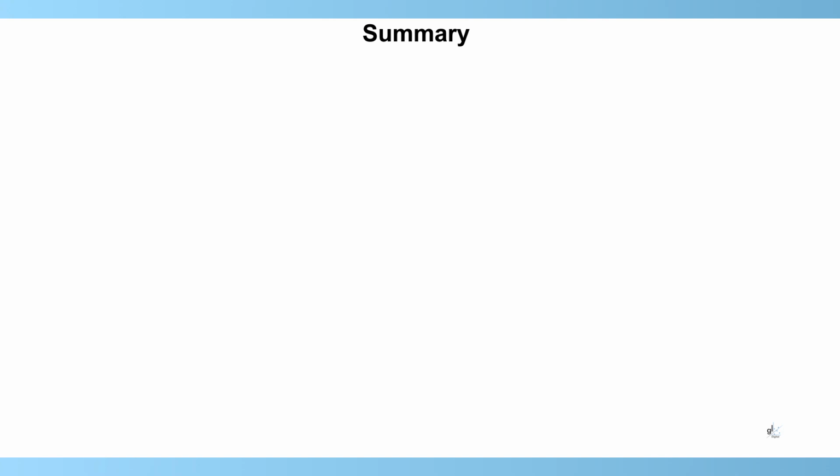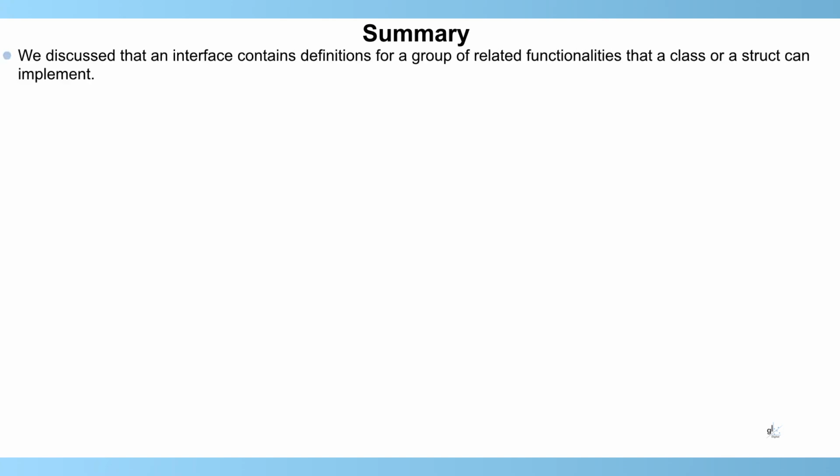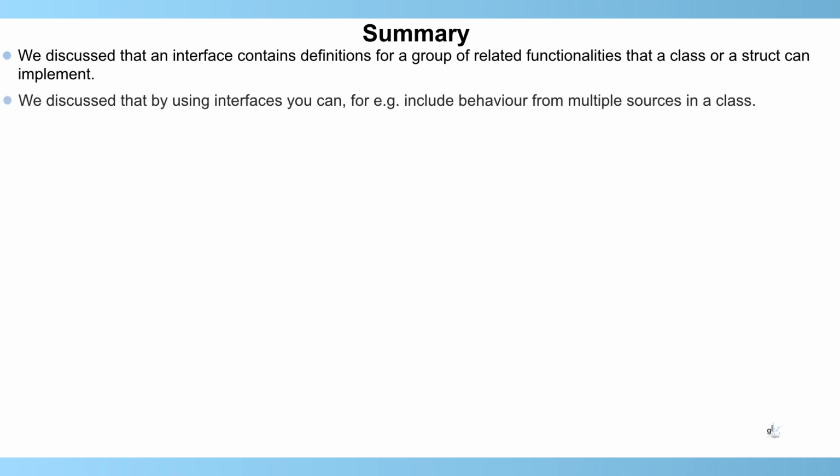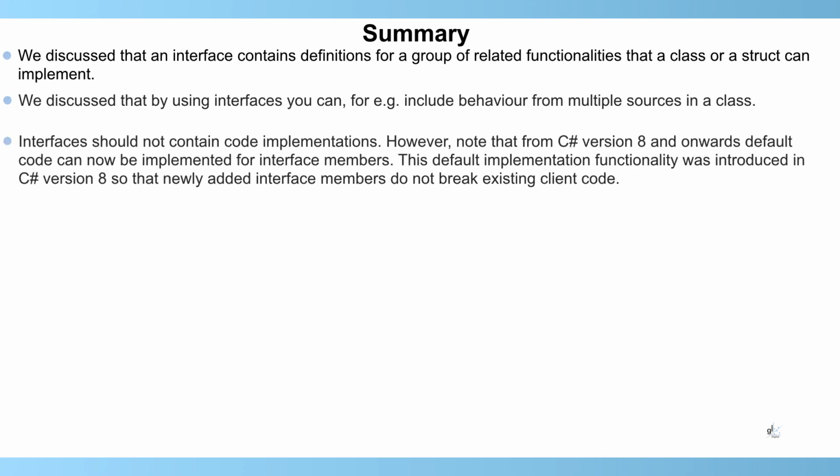So just to summarize what we have discussed and demonstrated in the first part of this tutorial on C# interfaces. We discussed that an interface contains definitions for a group of related functionalities that a class or a struct can implement. We discussed that by using interfaces you can, for example, include behavior from multiple sources in a class.